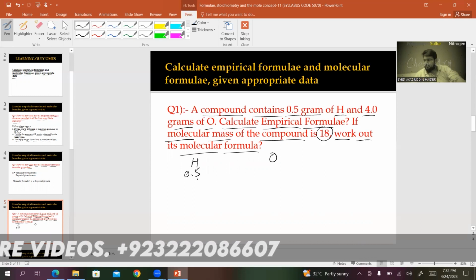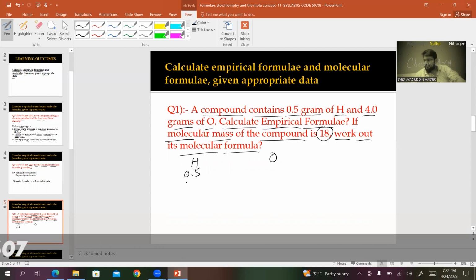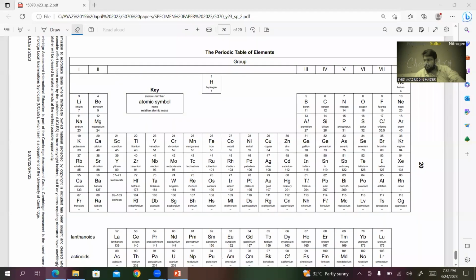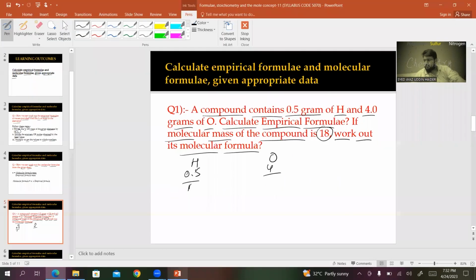We know the nucleon number or AR of hydrogen is 1. The mass of oxygen is 4. We'll divide the 4 by the AR of oxygen, which is 16.